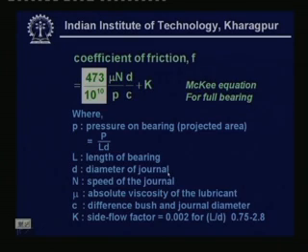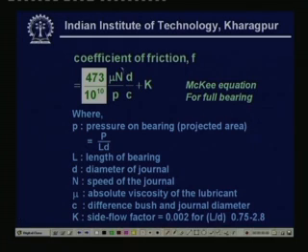Now, here a coefficient of friction F is defined in terms of these parameters. This we have seen: the bearing characteristics number, then D by C, where D is the diameter of the journal, and C is the difference between the bush and journal diameter, and K is some factor.